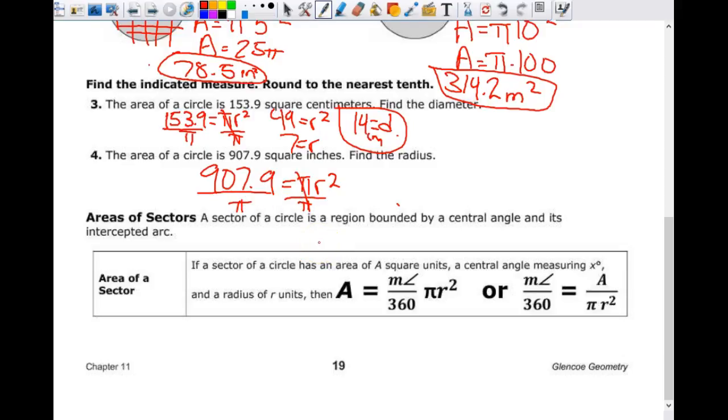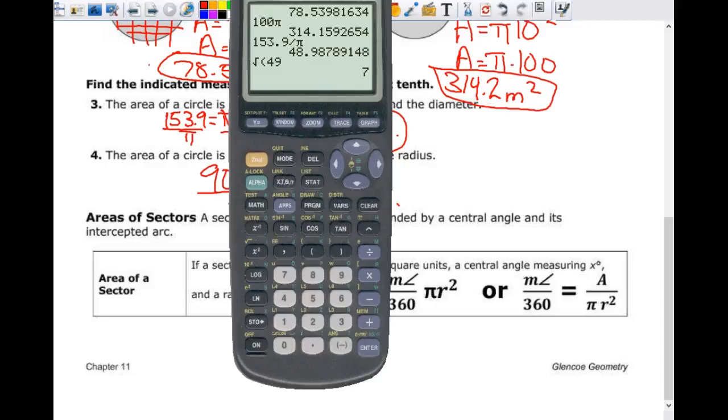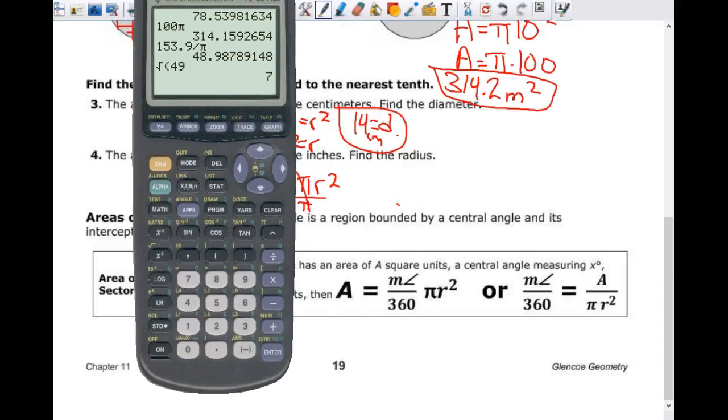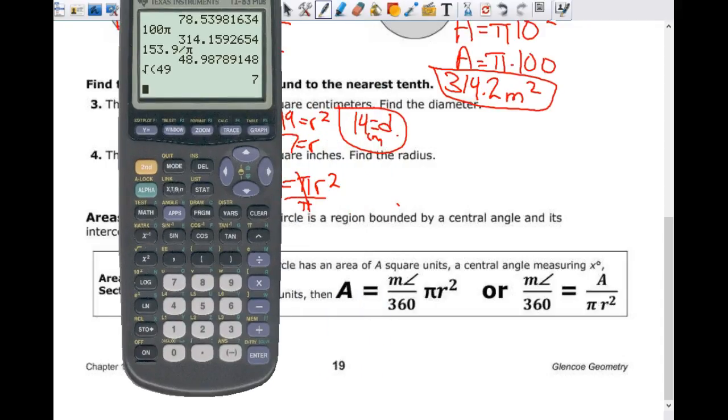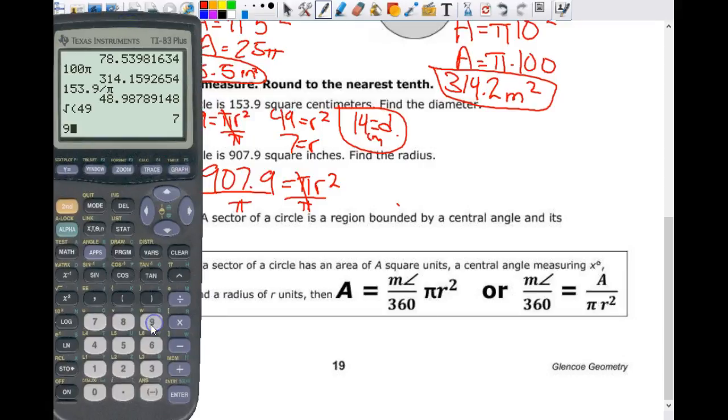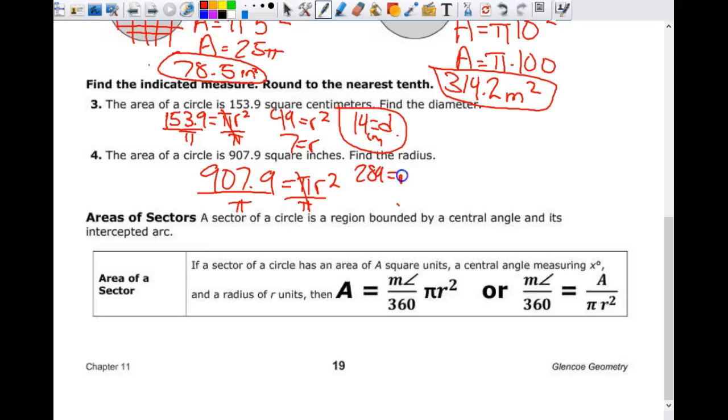It cancels out. 907.9 divided by pi, and we get pretty much 289 is equal to r squared. Take the square root, and we get 17 is equal to r, 17 inches.